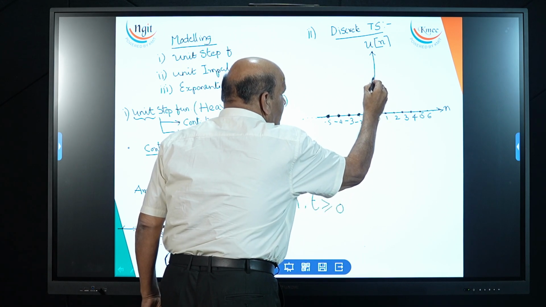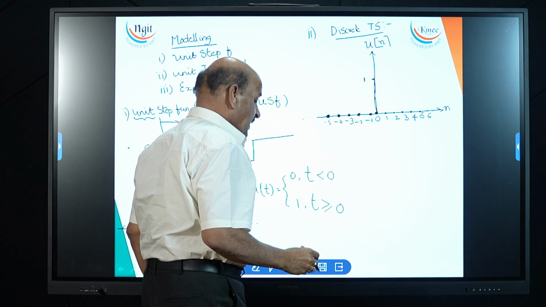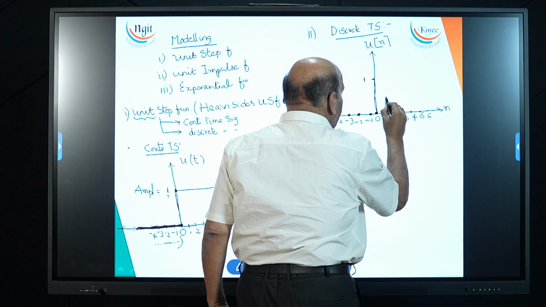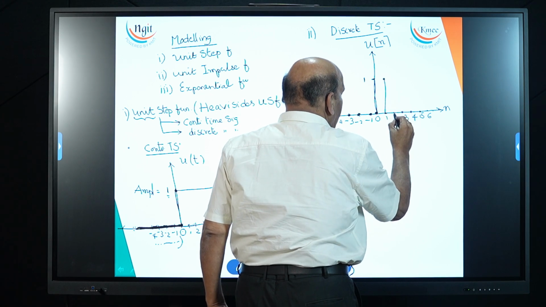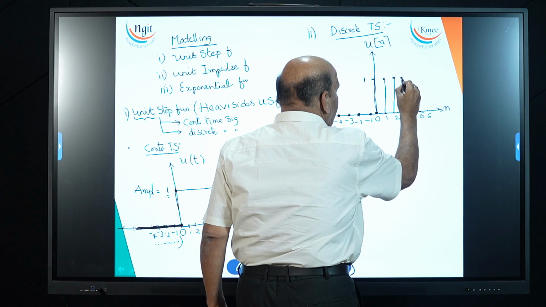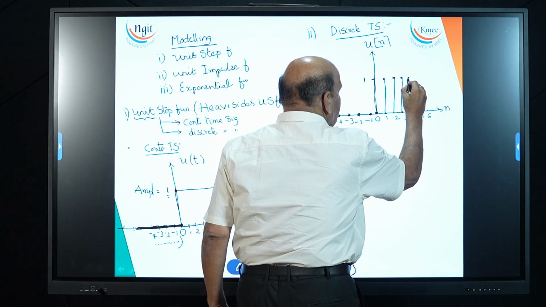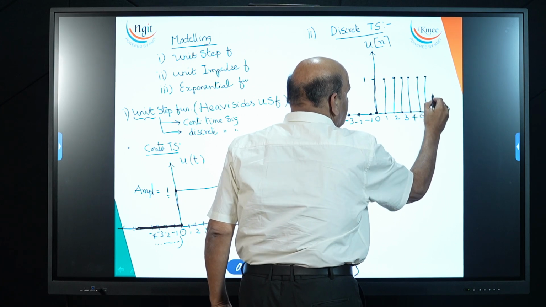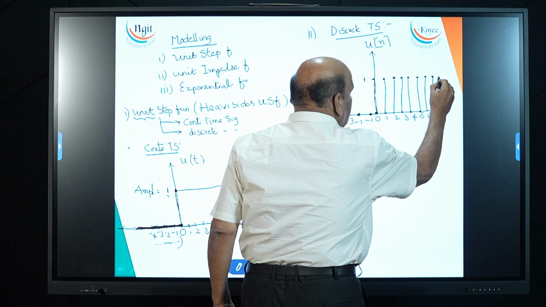It spikes to which one? Amplitude 1. Now again, next integer 2, same level it maintains. For all the remaining ones, it maintains the same amplitude height like this.